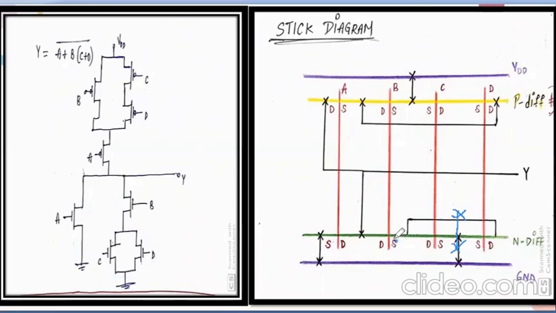So the source of B, drain of C, and the drain of D are connected using this method. Now the source of C and source of D are grounded. So I just grounded the sources of C and D here.